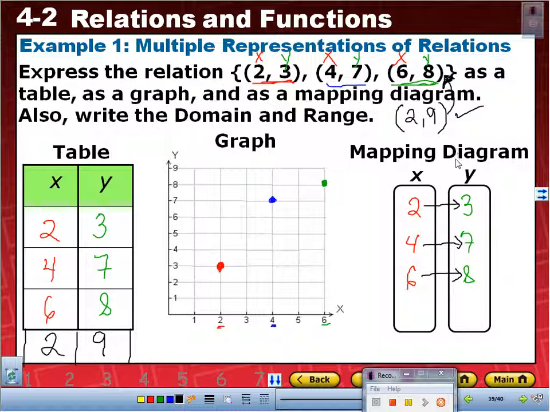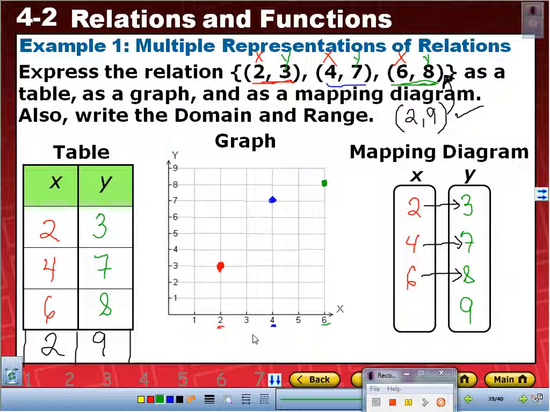When you fill the mapping diagram, you look at it, we have 2, there it is, 4, there it is, 6, there it is, and another 2, but I don't rewrite it. No, I don't rewrite it. However, let's see, y values, 3, yes, 7, yes, 8, yes, which one is missing here? 9, so that one I do write.